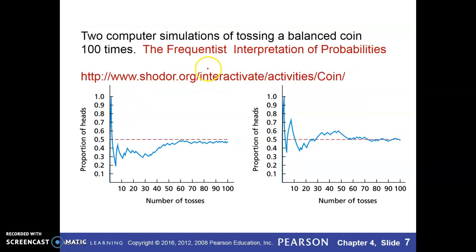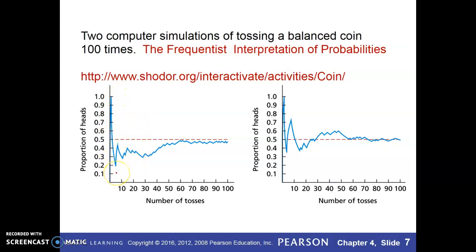All right, so just as in anything, if we take the probability of something happening, let's say we use flipping a coin, and here is a coin flipper online that you can go to and watch. The first time it might be heads. Let's say this one was heads, and the second one was tails, so it's 50%, and the third one was tails, and the fourth one was tails, so now we're down to 25% heads.